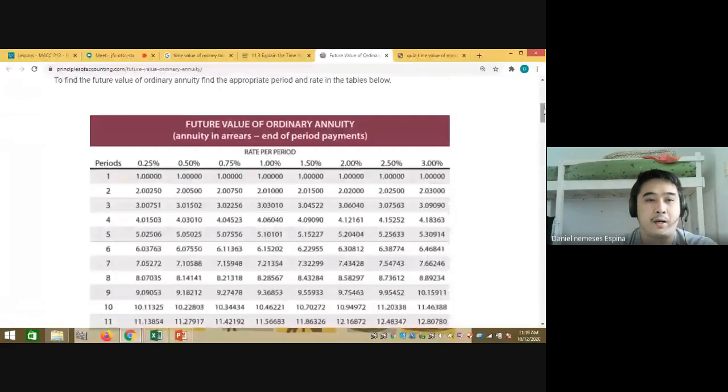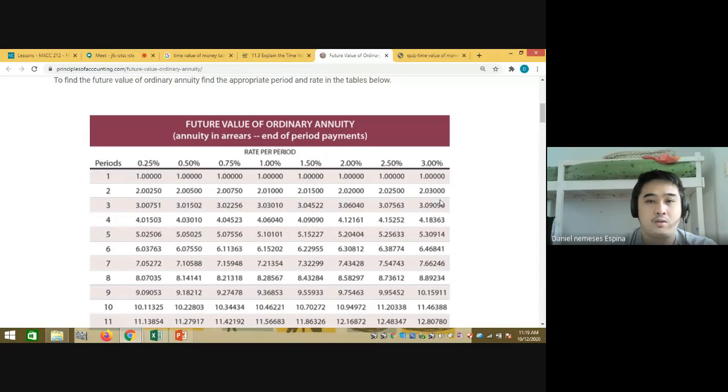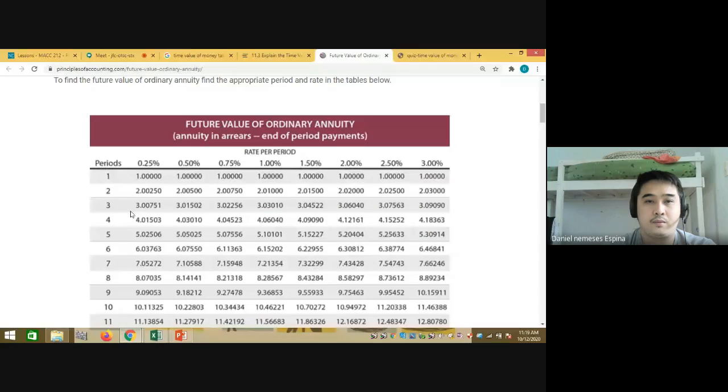You can see here the interest per period and the number of periods or number of compounding periods. So since it is 3 years, annual ang compounding, so diri ta mag-focus sa 3. So see there are factors. 3 point something. So we look for 3.14. Okay? So asa man ang 3.14.